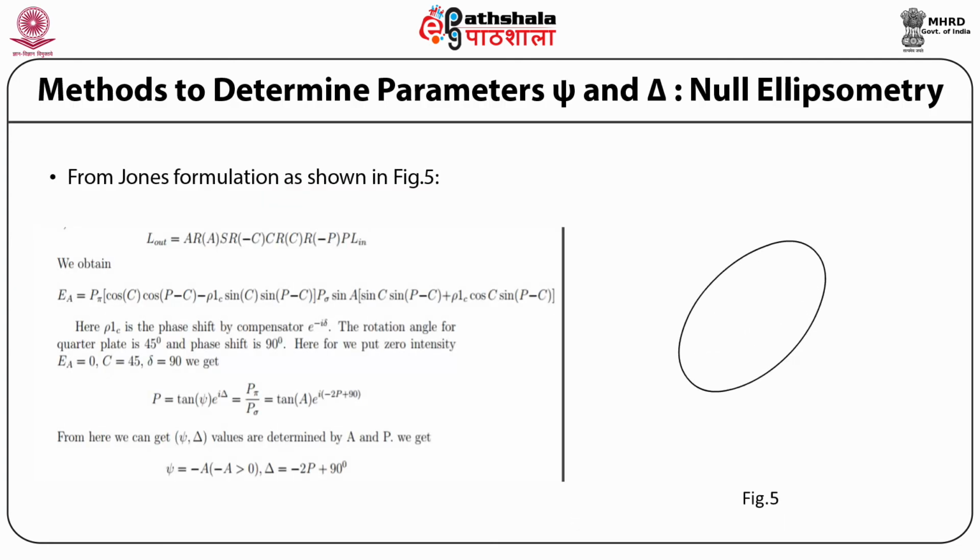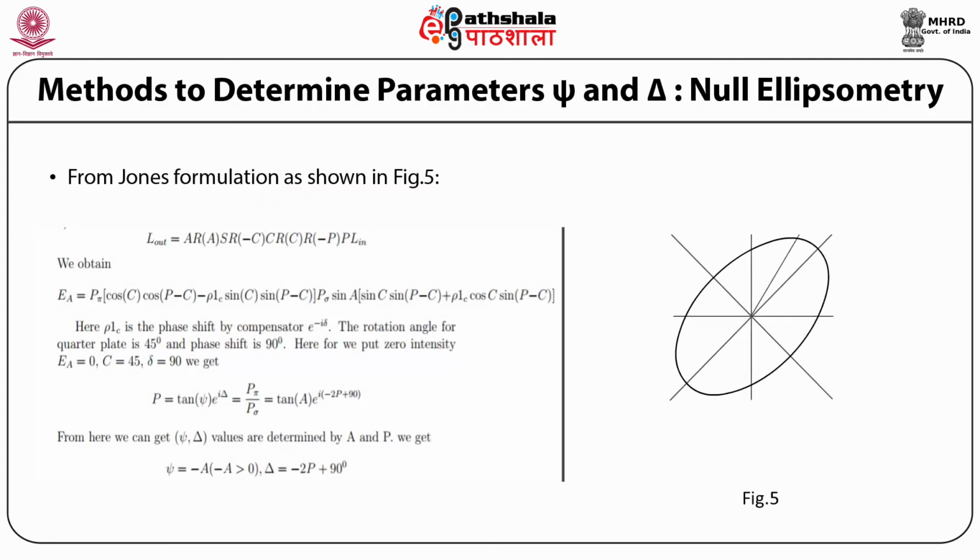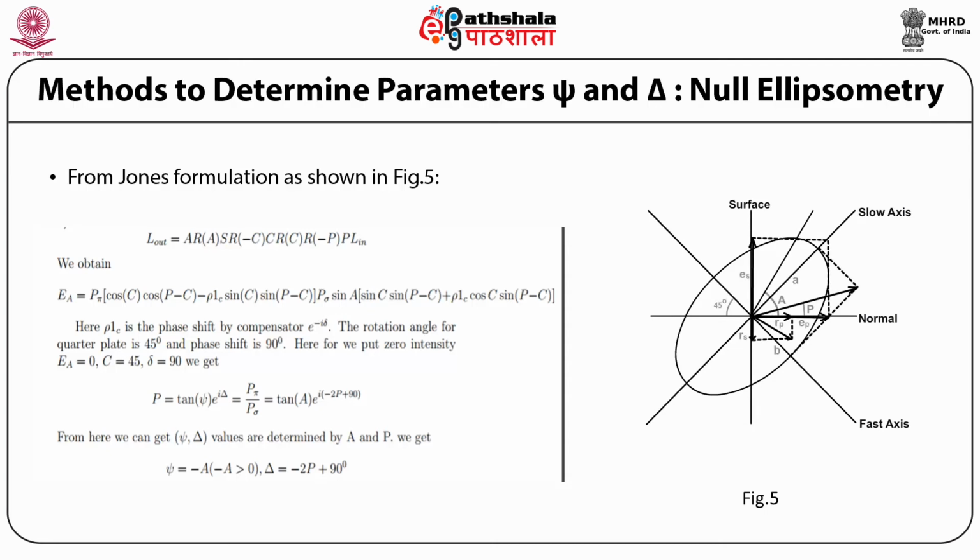From Jones formulation, as shown in figure 5, L_out is equal to A R(A) S R(−C) C R(C) R(−P) P L_in.